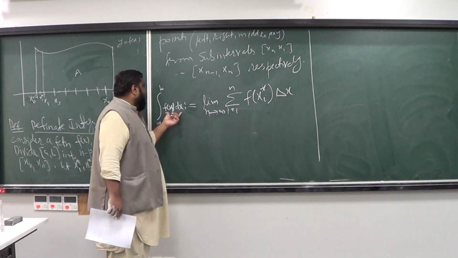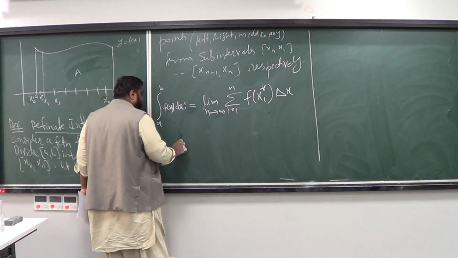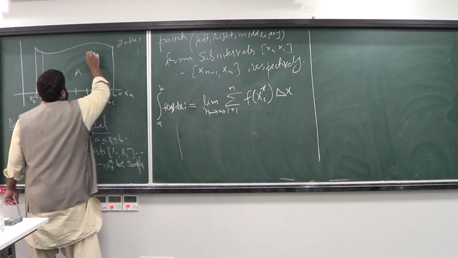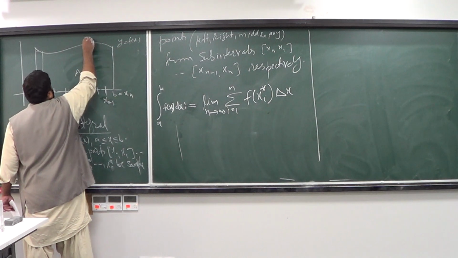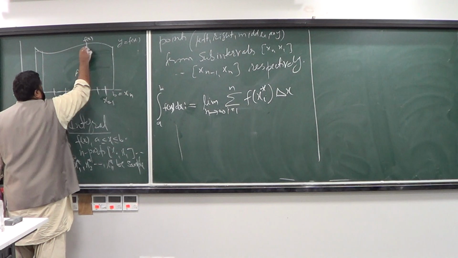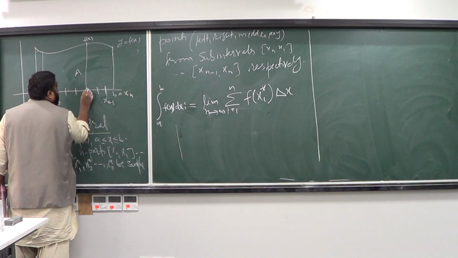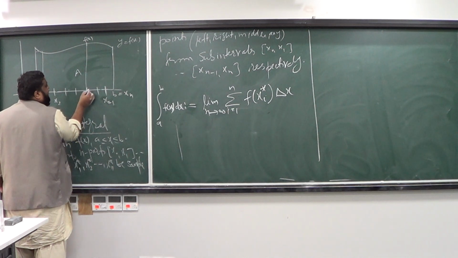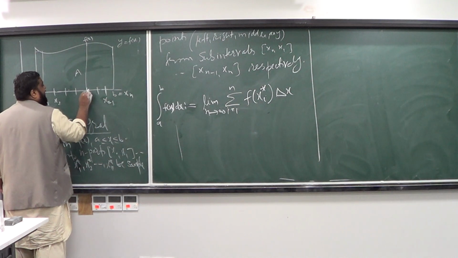So what is f of x dx representing? f of x is really the height. If this is a point x, then this is f of x, and at this height I am creating a really tiny rectangle whose width is dx.